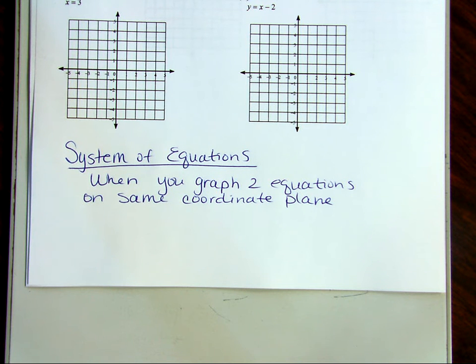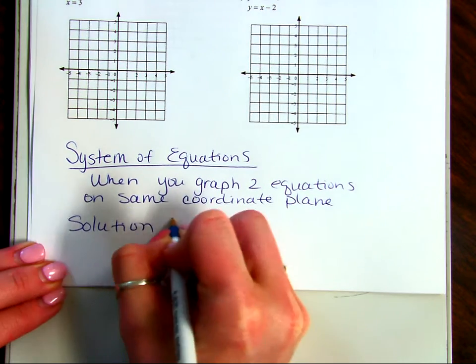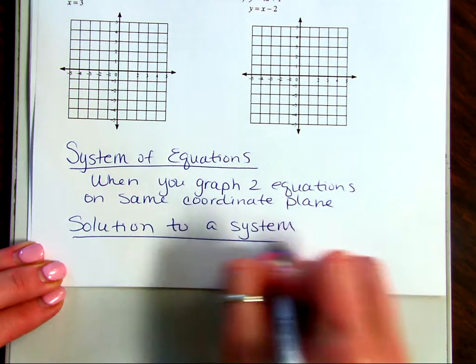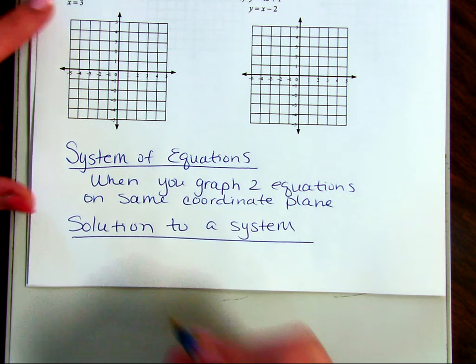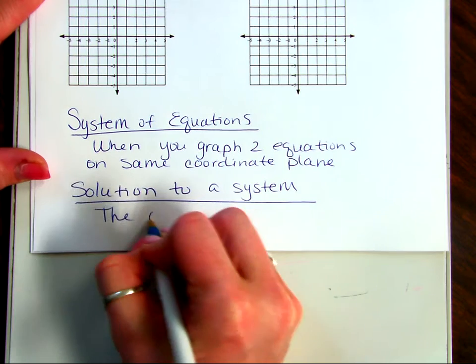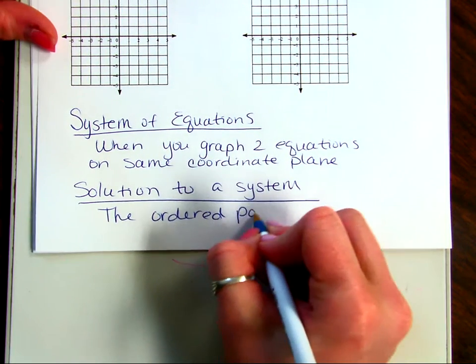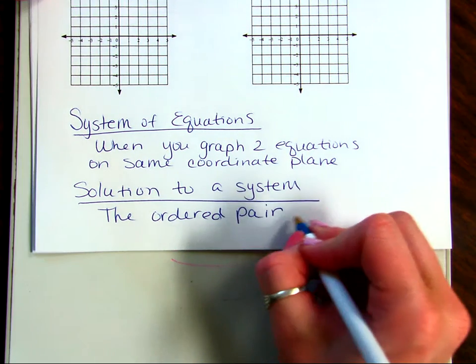And then the solution to a system. So the solution to a system is the ordered pair where the two lines intersect.